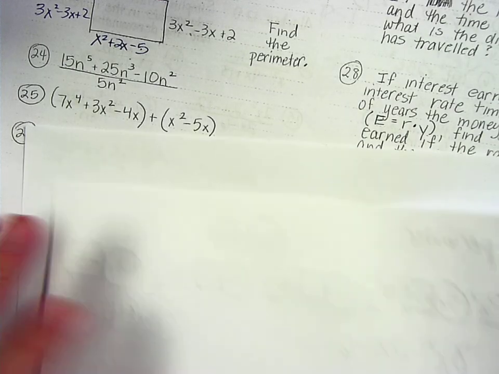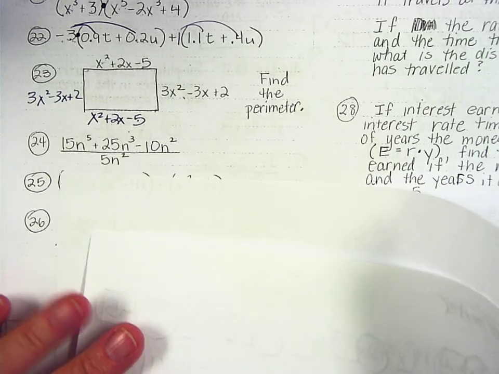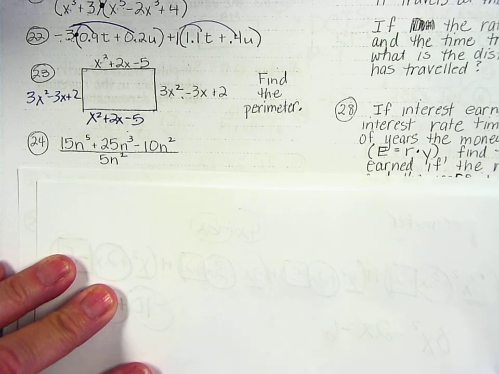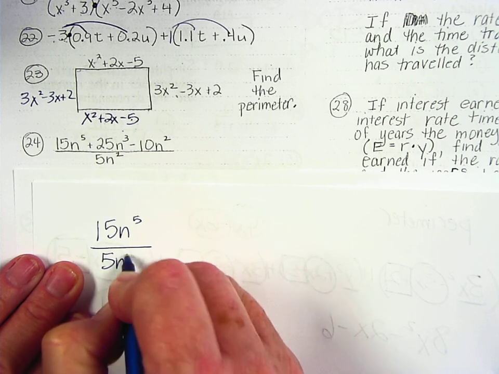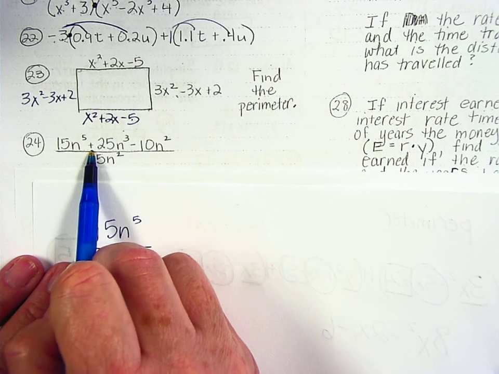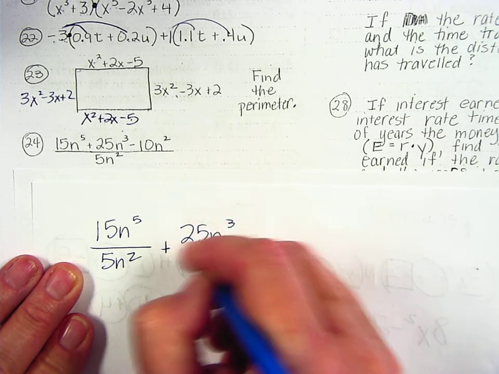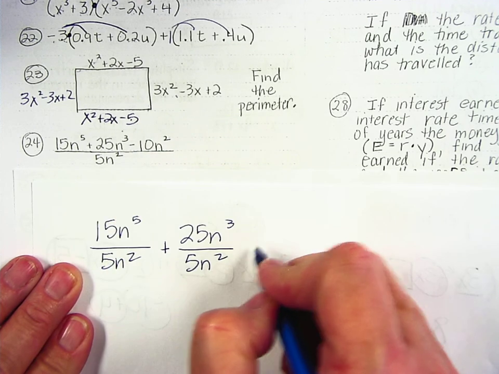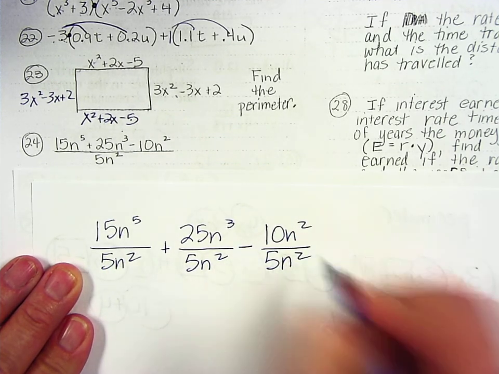Okay, number 24. We're dividing every term in the numerator by 5n squared. So we're going to rewrite it like this. 15n to the 5th divided by 5n squared plus 25n to the 3rd divided by 5n squared minus 10n squared divided by 5n squared.